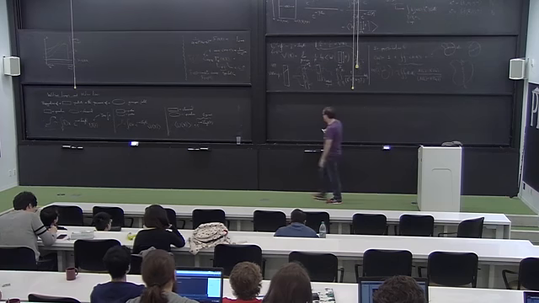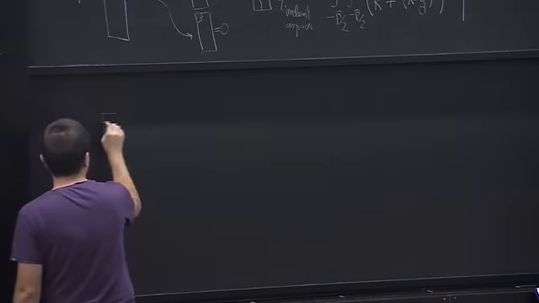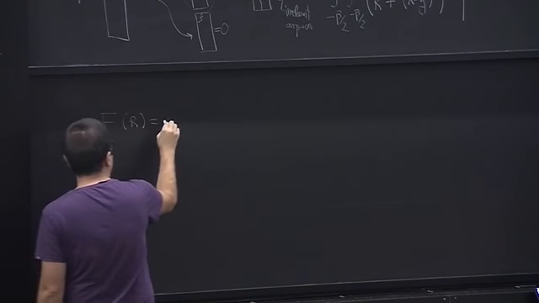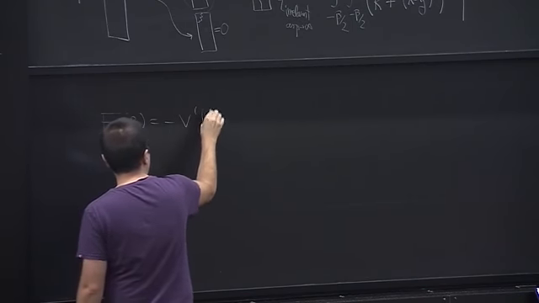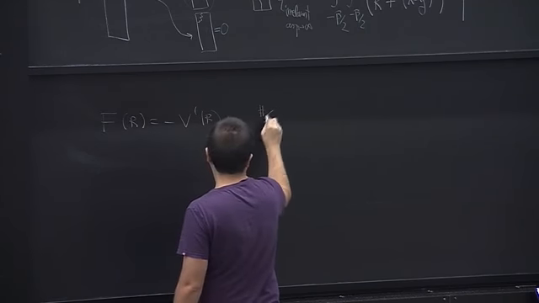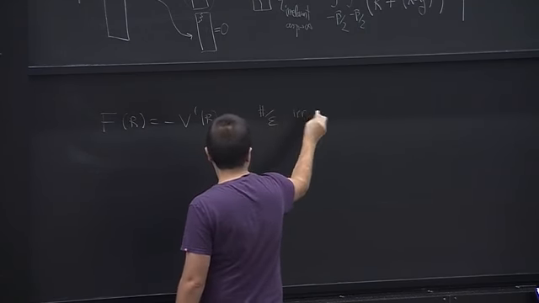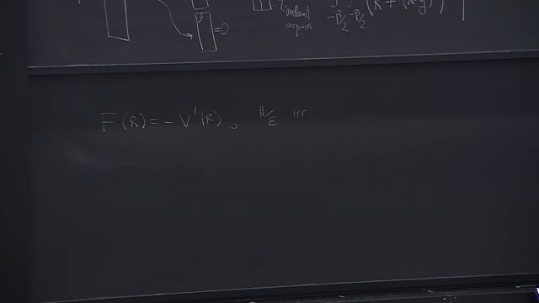So if I want to study the force, the constant over epsilon is irrelevant. And then I get 1 over r squared, the usual force between two electrons.